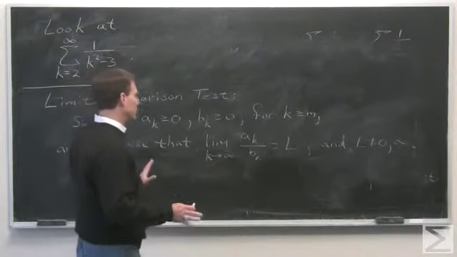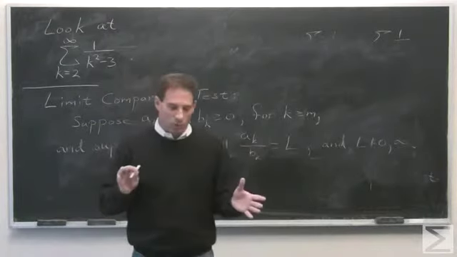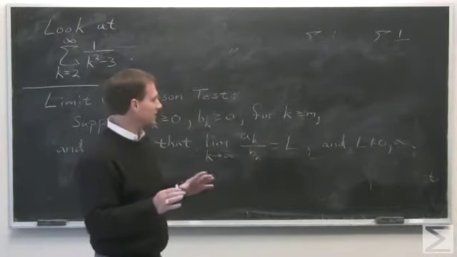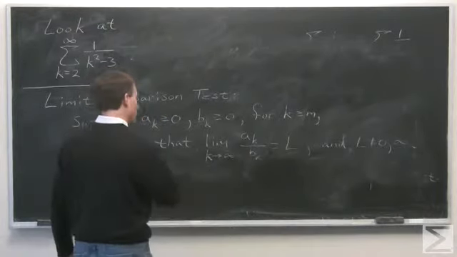You know, if the limit doesn't exist, you can't use this test. If the limit comes out to be 0 or infinity, well, if you're really careful, this test can tell you something in those cases, but those aren't the cases you typically care about.